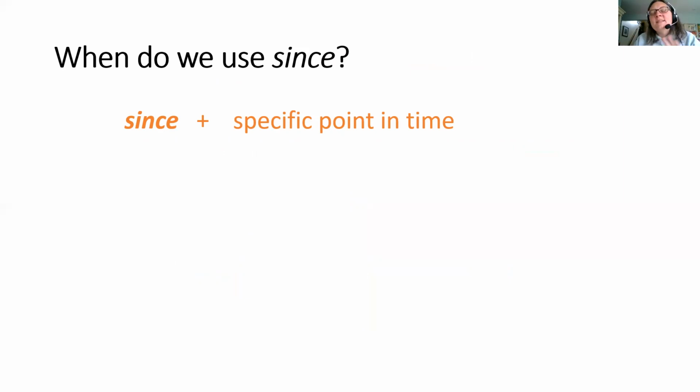So when we are diving back into the past and we're referencing this event that started in the past and continues up until now, when we are talking about when it began, the starting point, and we're talking about a specific point in time, we need to use the word since.